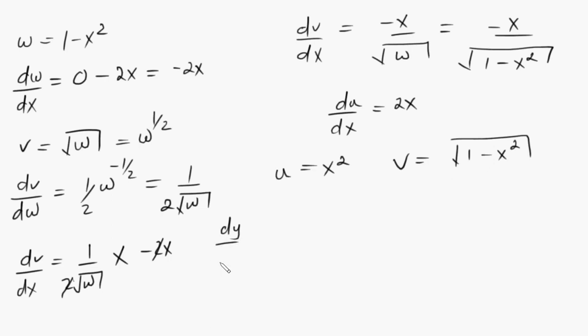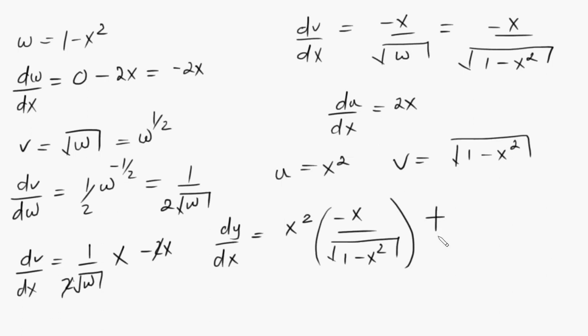So dy/dx is equal to u, which is x squared, times dv/dx, which is negative x over the square root of 1 minus x squared, plus v, which is the square root of 1 minus x squared, times 2x. So this is my dy/dx.